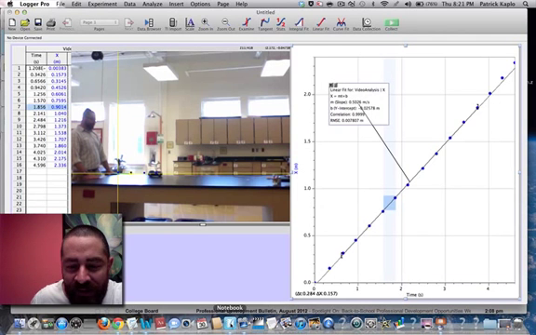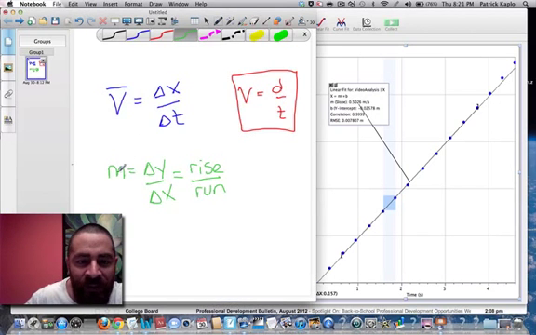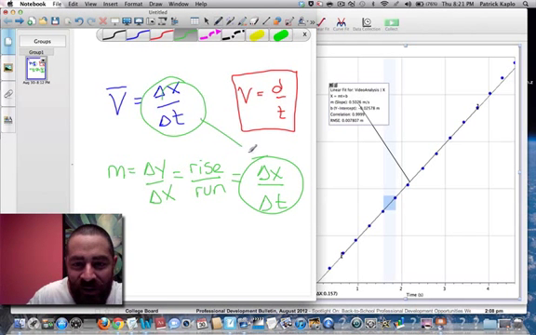So that makes a lot of sense. When I go back here to what I've written, the slope of the line is the rise over the run, or more technically, my change in x over my change in t. Take a look at that and that. So the slope of a position versus time graph, the slope of the function, is the velocity.